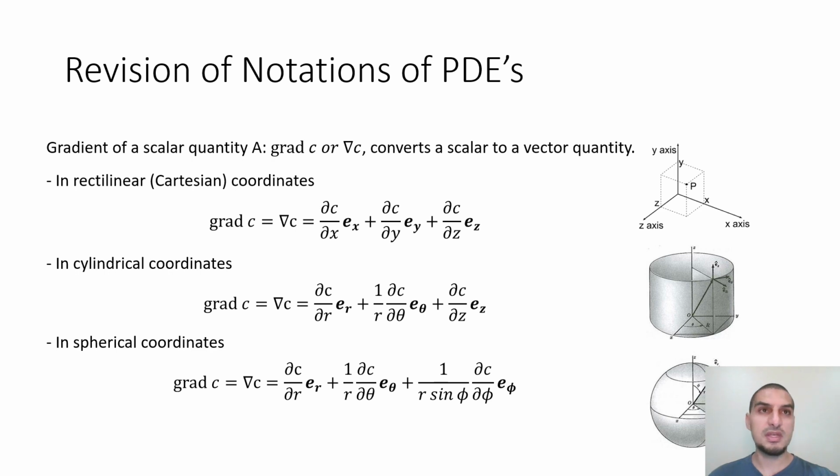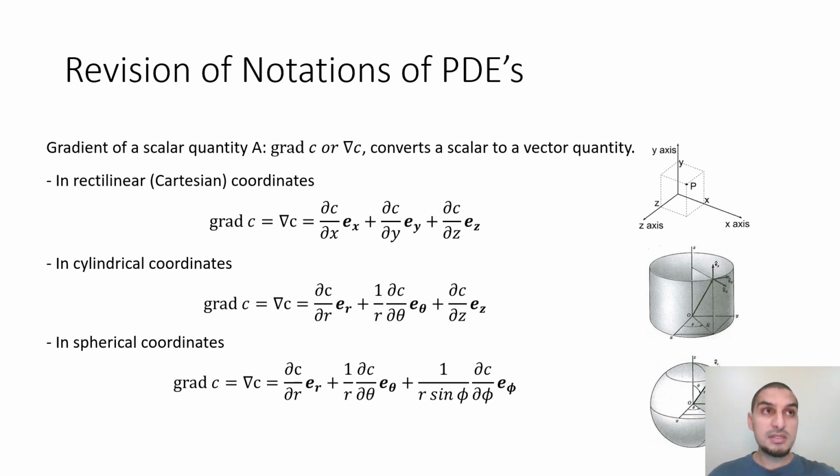So if I say the concentration is 0.5 moles per liter, if I say the mole fraction is whatever, if I say the temperature is 50 degrees Celsius, this is enough to get a clear idea about the parameter that you're talking about.